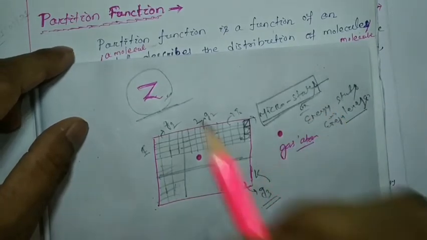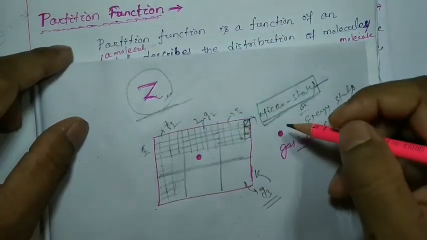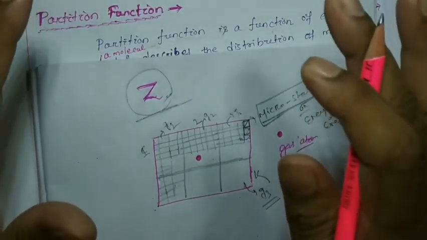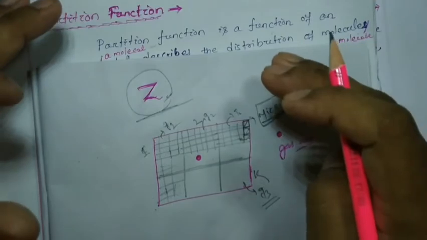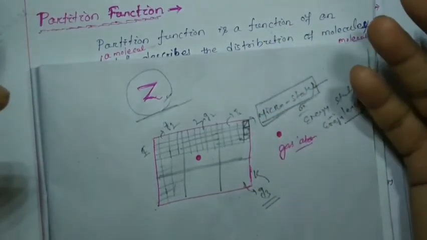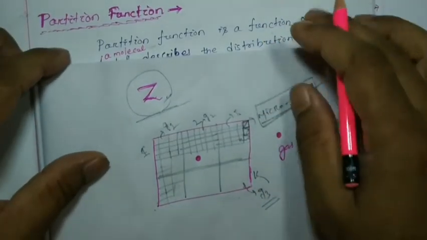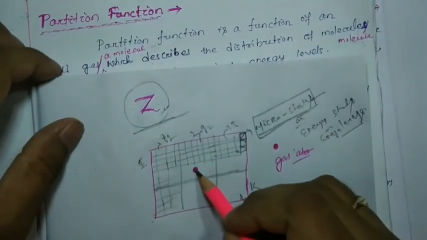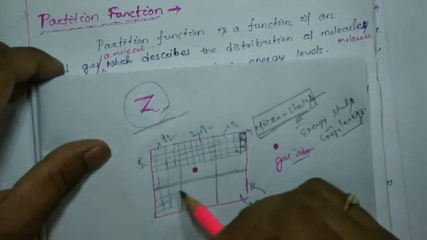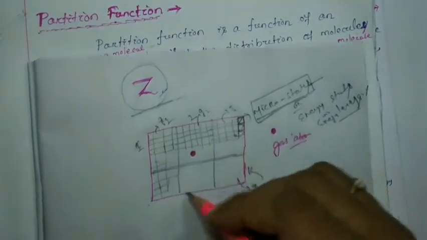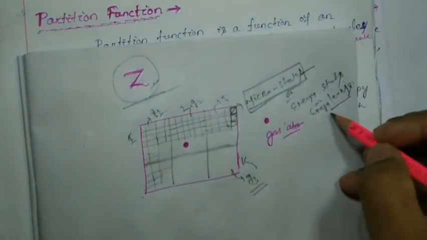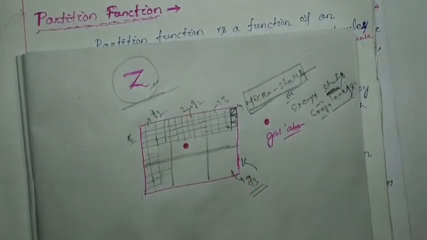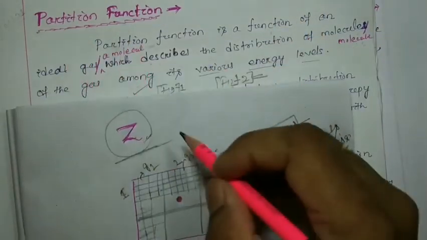So a mathematical function which represents the distribution of a molecule among all the microstates, or energy levels, or energy states, is called the partition function.